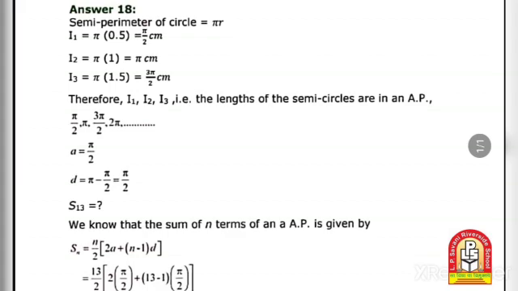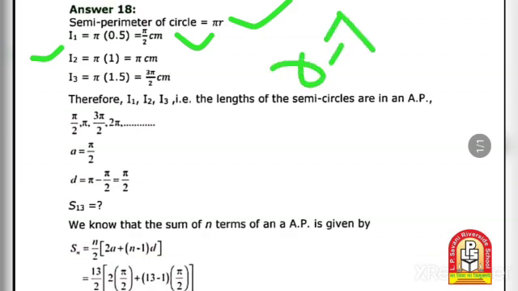Here the semi-perimeter of a circle is pi r. Here for l1 we take r equal to 0.5, so pi by 2 centimeter. Then l2 is pi into 1, so r is equal to 1 over here, so l2 is equal to pi centimeter. Then l3 is pi into 1.5, that is 3 pi by 2 centimeter.